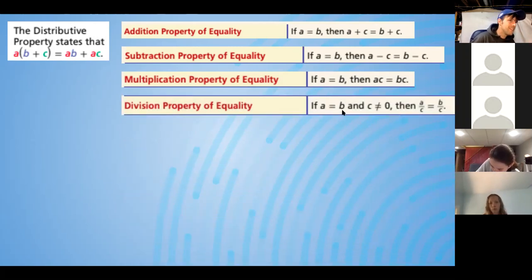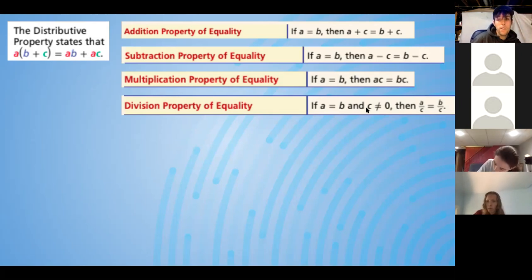You might have guessed the next one, the division property. Same thing. If we have a true equation, and it's very important, c can't be 0, then we can divide both sides by c. Why can't c be 0 for this property? Why is that important? Any thoughts?